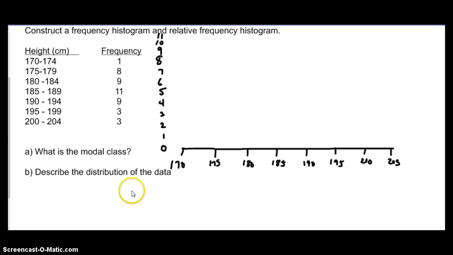We will color in to 1 there and fill this in. From 175 to 179, that's a frequent height. There are 8 basketball players in that height, so we'll go all the way up to 8 here.